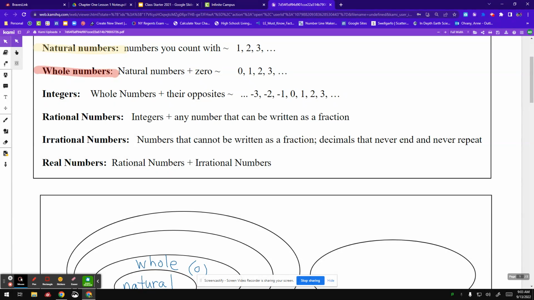So then there came a time when we needed to know the integers, the negative numbers, and they include all those negatives, -1, -2, -3, -4, but they also include 0 and all the positives. So integers include everything you learned since kindergarten plus the negatives.